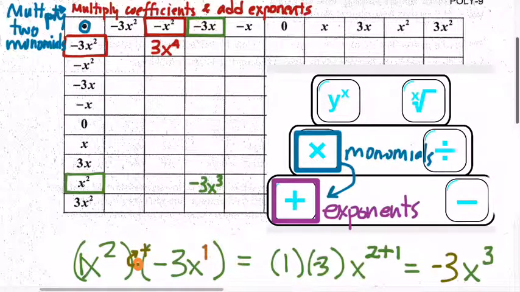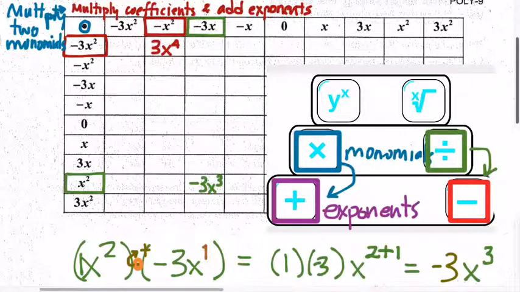By that same logic, under what circumstances do you think that we're going to be subtracting one exponent from another? What would we have to do to the monomials in order to subtract their exponents? Yeah. We would be dividing the monomials one by another. So if we were dividing two monomials, we would subtract their exponents.